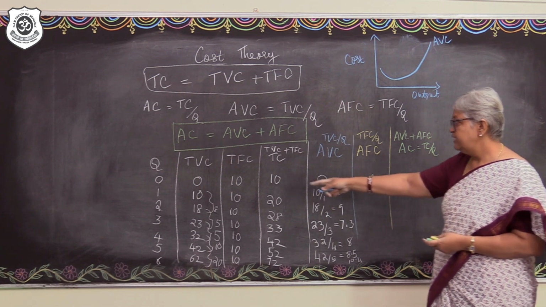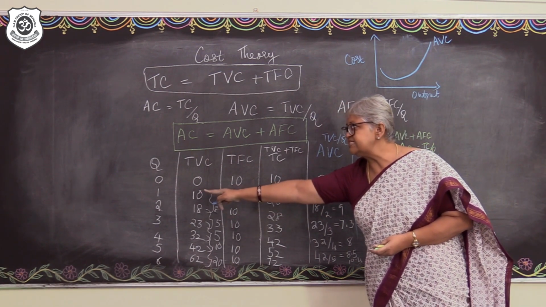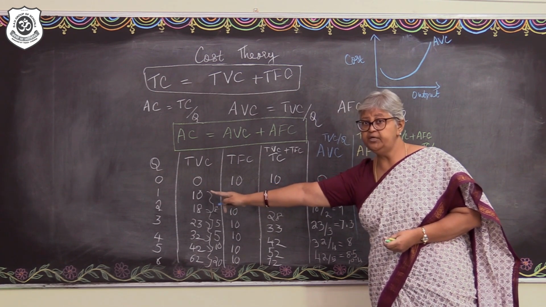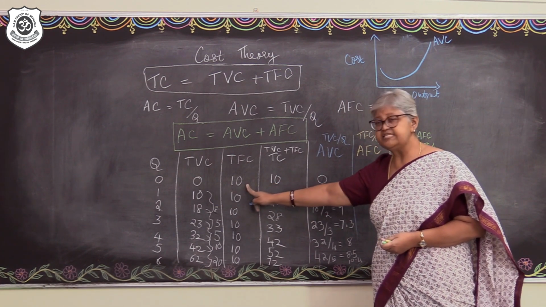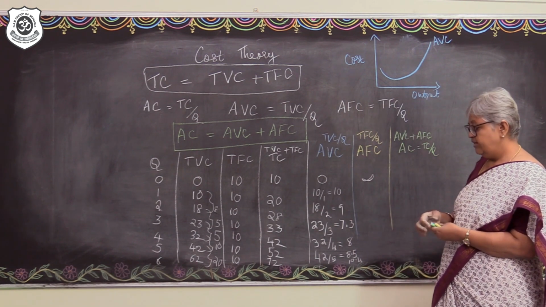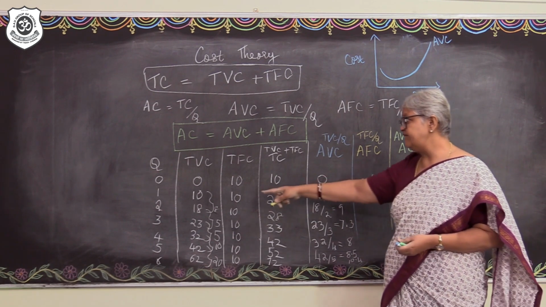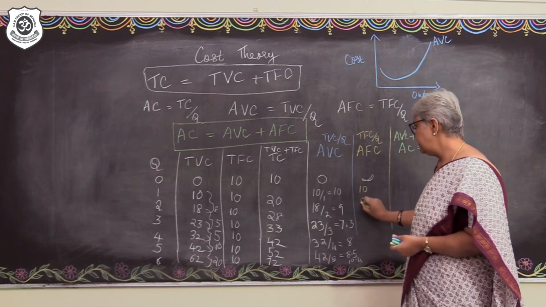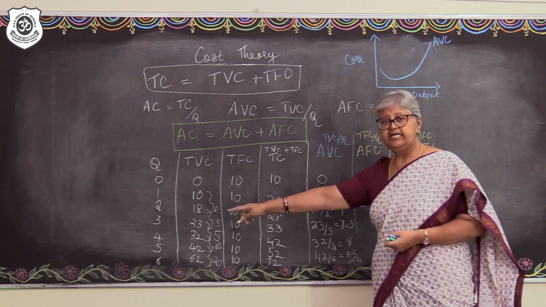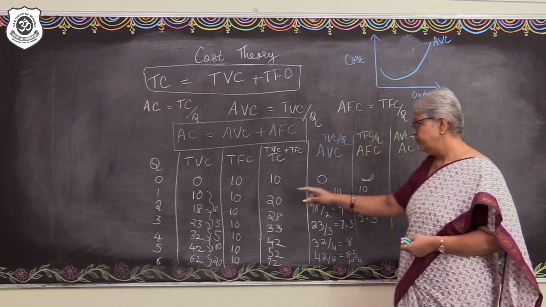Okay. So initially, when the first level of output is produced, the total fixed cost is 10, right? So that's going to be 10 by 1, that is 10, and then the next level 10 by 2, that is going to be 5, and then 10 by 3, that is going to be 3.3, right?